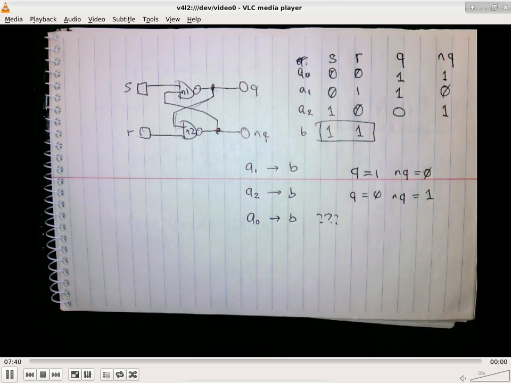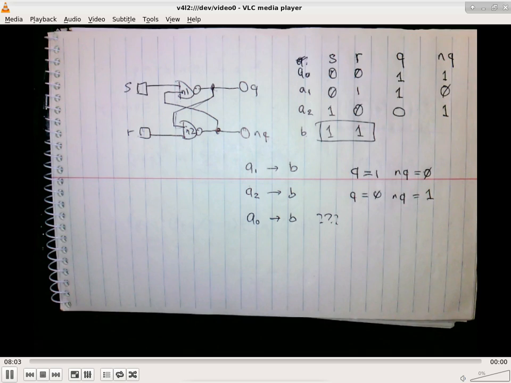It cannot retain 1, 1. There's no way it can retain 1, 1. So what do you think it's going to do? Let's think about it in a lopsided way. In other words, we'll make one gate really slow and the other gate really fast and see what happens.